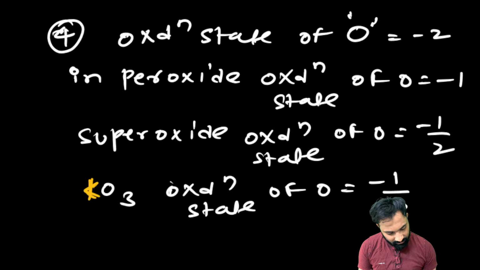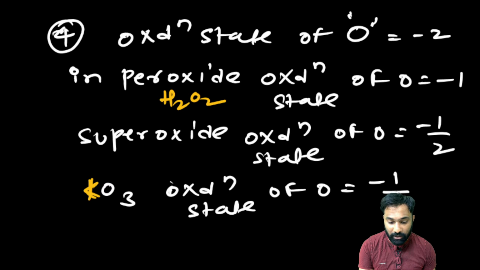See here, the oxygen in the peroxide means H2O2. Peroxide means H2O2, right? Superoxide, peroxide and ozonide, this is when the oxygen is forming the compounds.